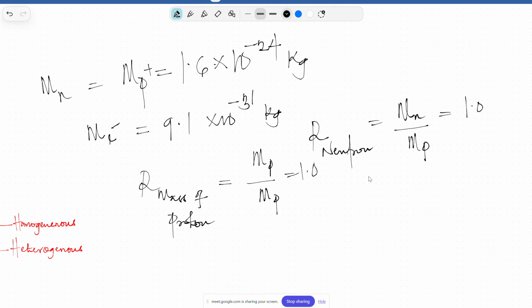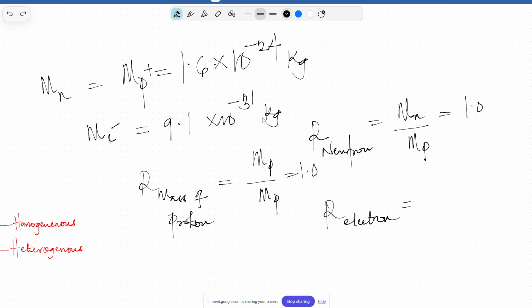But if we are to do relative mass for electron, you're not going to have 1.0. Rather, you are going to have a ratio. Let me write that in detail.